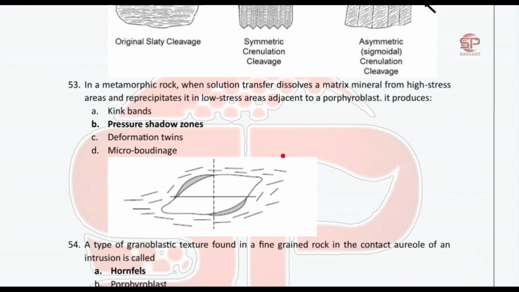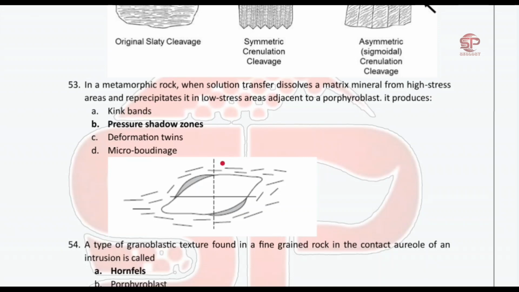Then in a metamorphic rock, when solution transfer dissolves matrix minerals from a high stress area and precipitates in a low stress area. So this is the condition where, you can say, it is a quartermat structure.